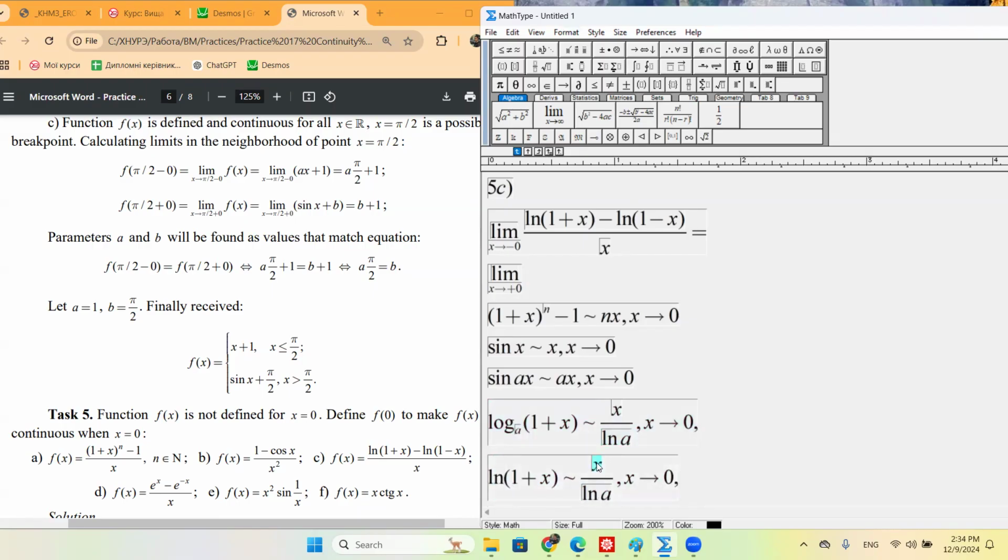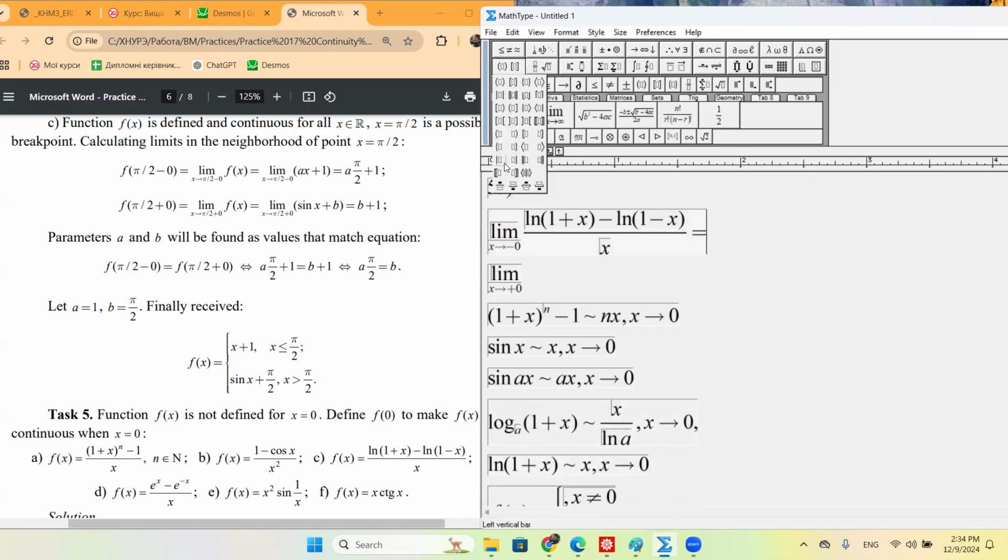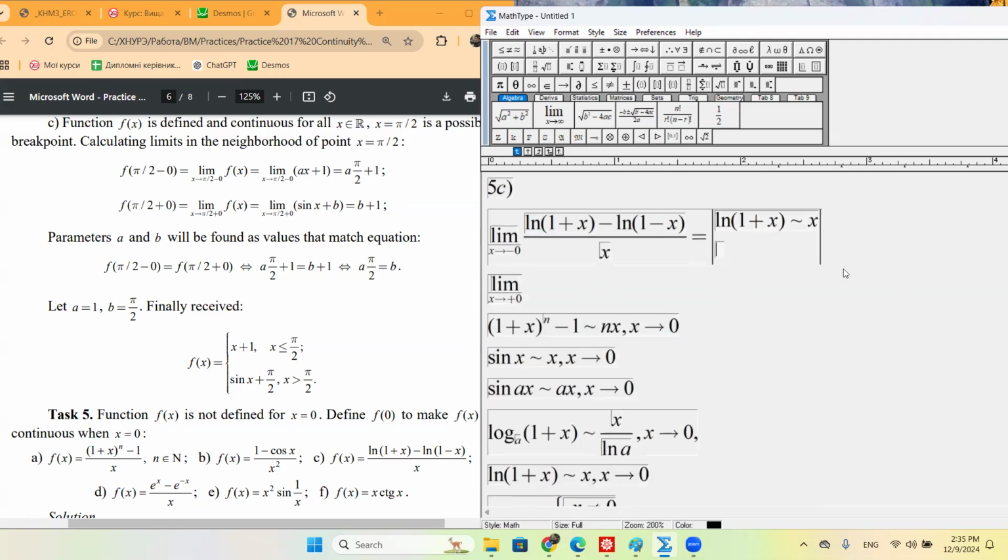So we will remove the fraction and it will look like this. So let's do the following: replacing these logarithms with equivalent infinitesimal functions. So it is equivalent to x.